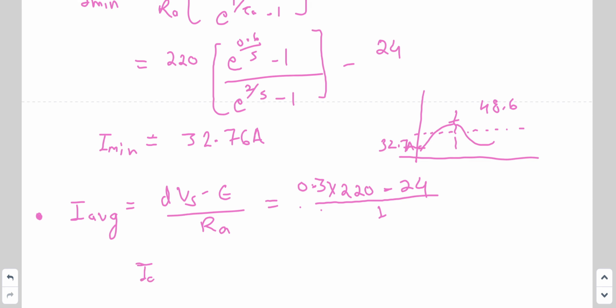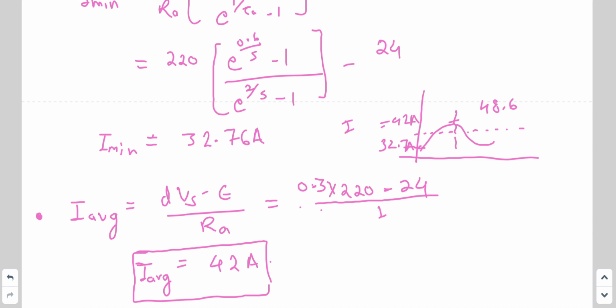So I average will be 42 ampere. Our answer I average is in the middle of these values, it is 42 ampere. So it also proves that our answers are correct.